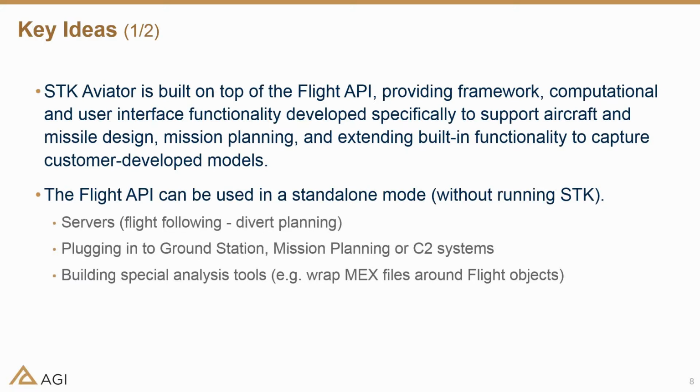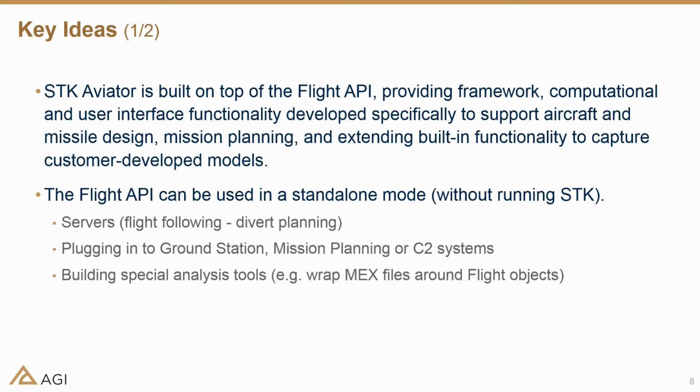Now, because of the way the API is built, what you actually see in SDK, the Aviator product, is just one incarnation of what the basic framework allows you to do with all the building blocks. So it's important to realize that not only can you do with the API what you see with Aviator, you have the raw materials to build other kinds of applications that aren't like SDK at all.